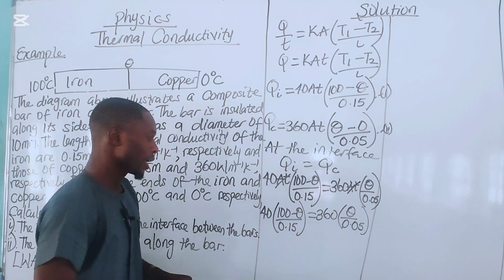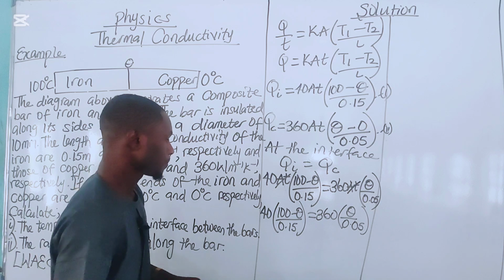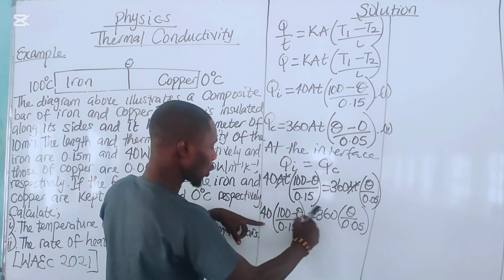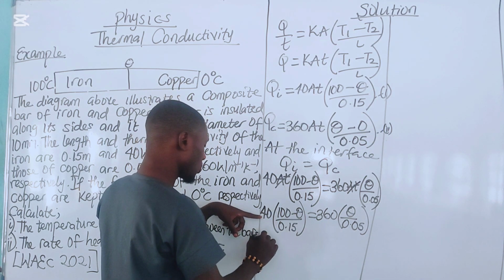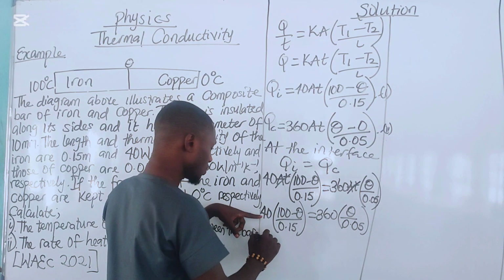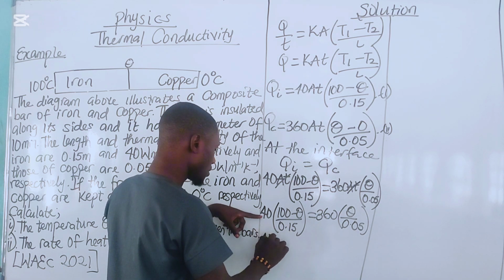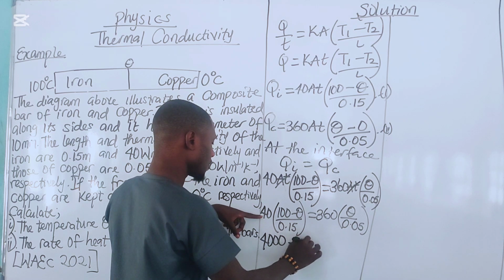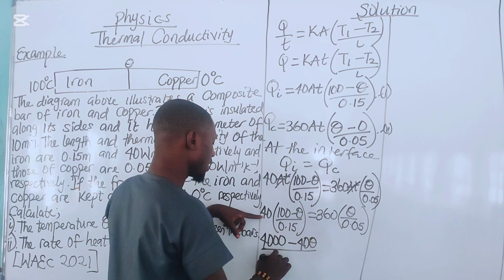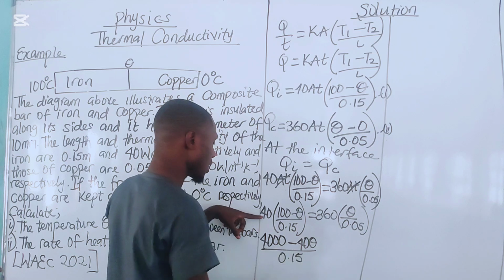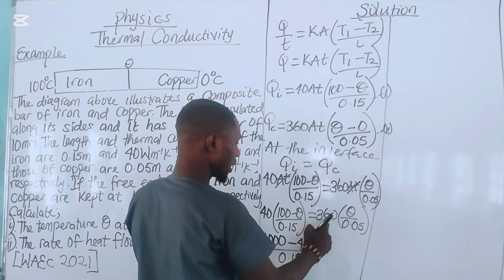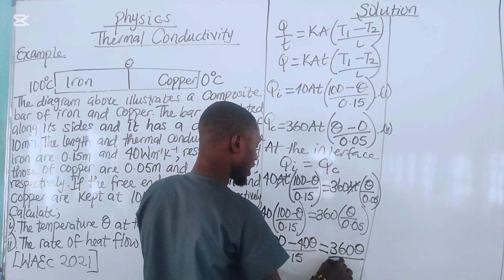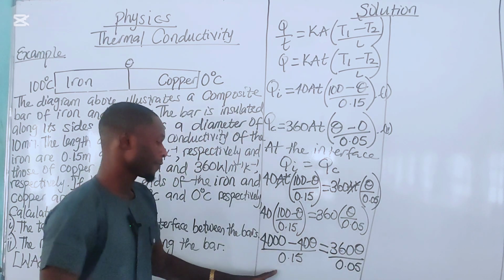So we open the bracket first. We have 40 times 100, which is 4,000, minus 40 times theta, that gives 40 theta, divided by 0.15. Then 360 times theta gives 360 theta, divided by 0.05.